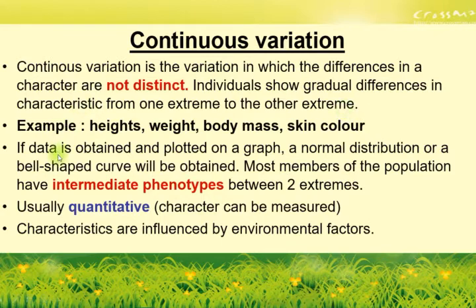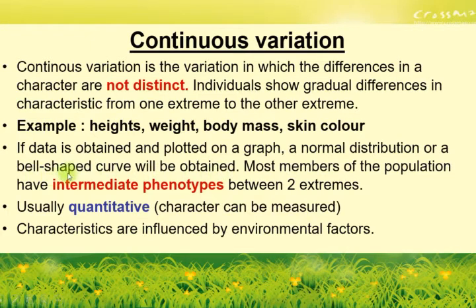Examples of continuous variation are height, weight, body mass, and also skin color. If data is obtained and plotted on a graph, a normal distribution or a bell-shaped curve will be obtained.